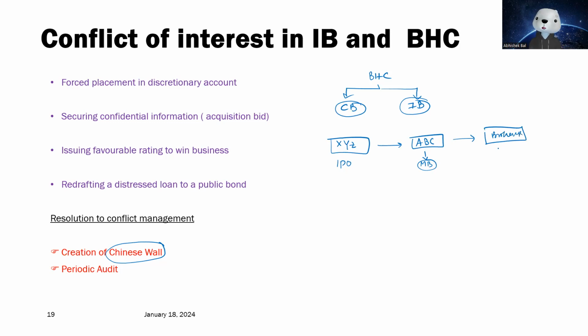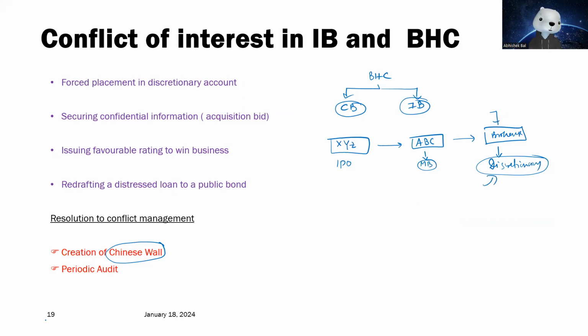And this brokerage unit has some discretionary client account. What do we mean by discretionary client? Well, it means that the brokerage has full discretion on these clients' account, how they want to place the securities, which stocks to buy, which stocks to sell, which bonds to take position into, how much, and for how long. So this entire portfolio management is at the disposal of the brokerage firms. That's what we call a discretionary account.